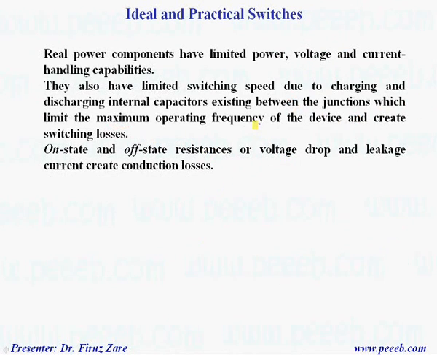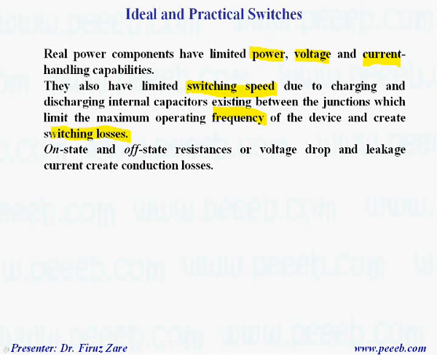So real power components have limited power, voltage, and current handling capabilities. They also have limited switching speed, and that's because of charging and discharging internal capacitors that exist between the junctions, which limit the maximum operating frequency and create switching losses.